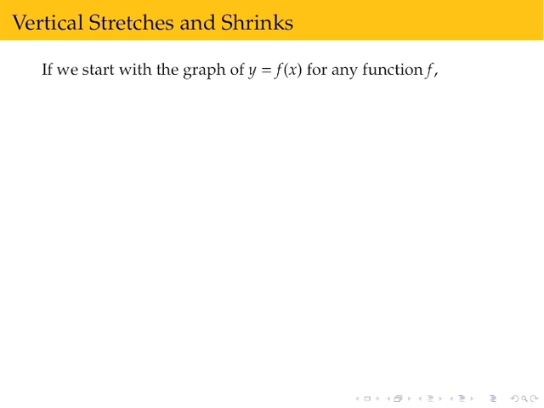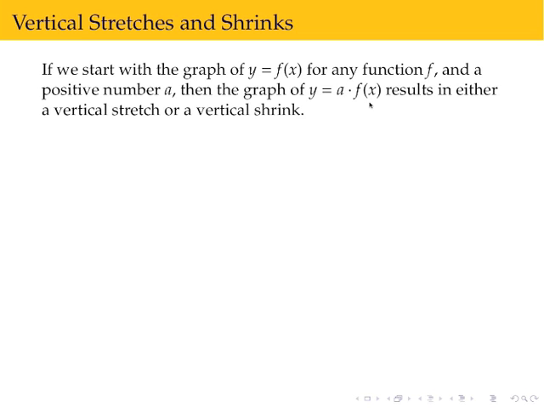The final kind of transformation that I want to talk about are vertical stretches and shrinks. Again, we're going to start with the graph of y equals f of x, and this time we'll also take a positive number a. We want to consider what the graph of a times f of x looks like.